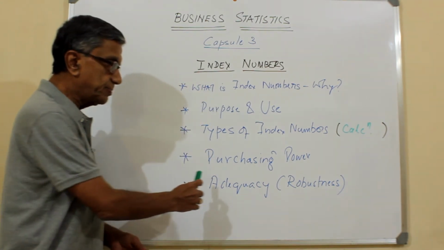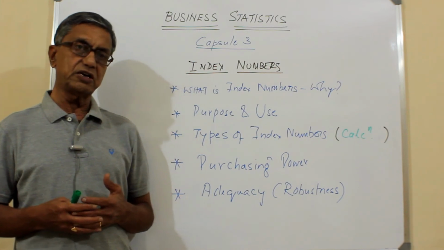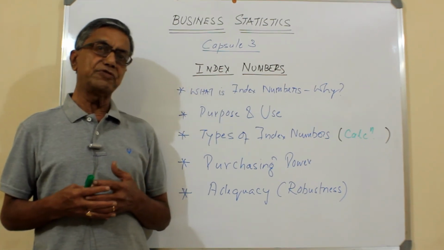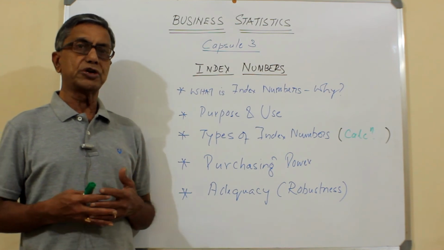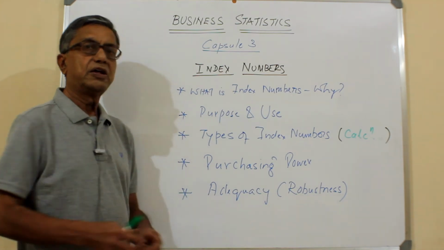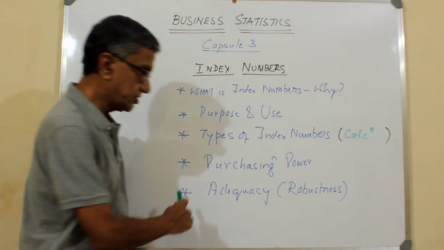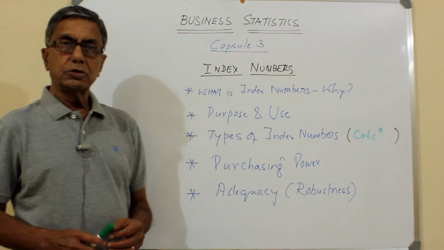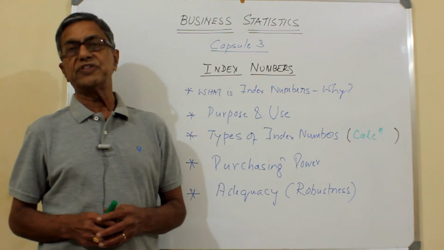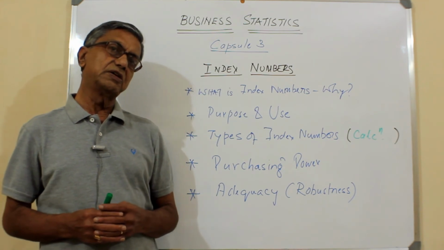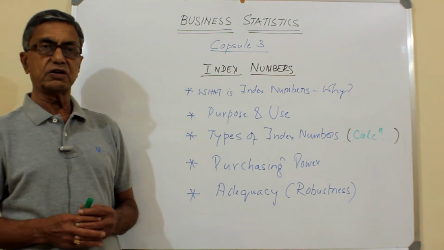The purchasing power helps you to understand what your money is worth, or for the money you have in your hand, how much you can command of goods and services, and that is what is indicated by purchasing power. Adequacy: to know about the adequacy of index numbers, there are three tests: time reversal test, factor reversal test, and circular test.